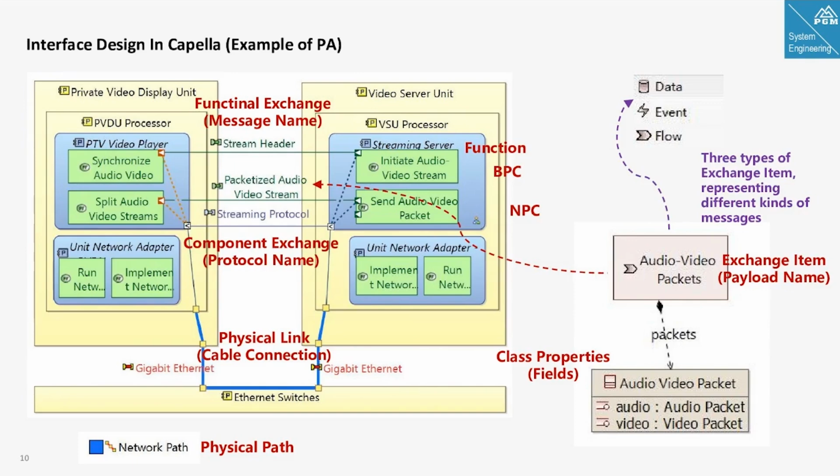And we can use component exchange to define the interface between different behavior physical components. And we have physical link and physical path to define the interface between different node physical components.